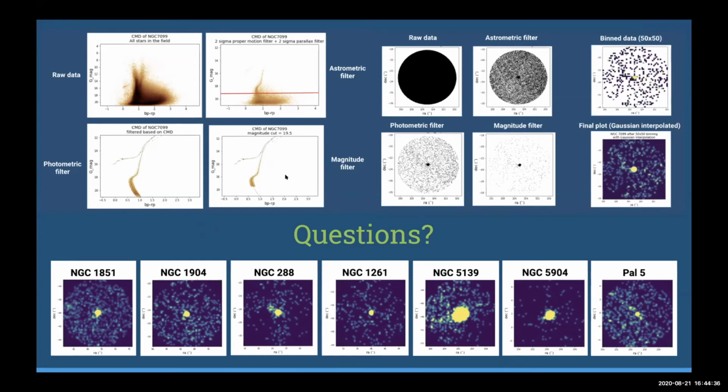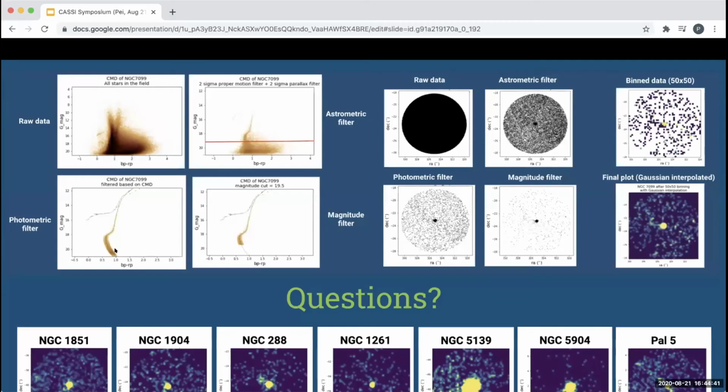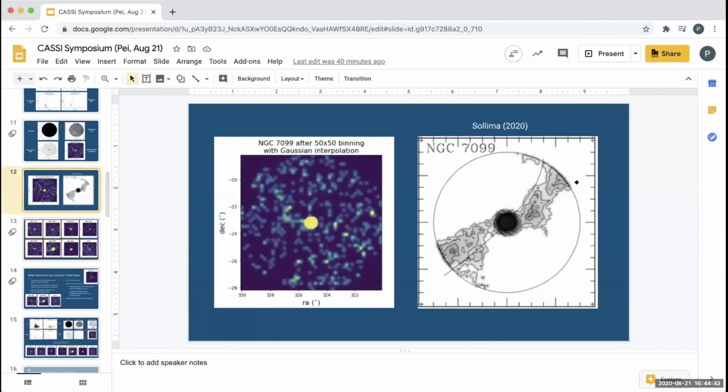That's a great question, and I wasn't able to really figure that out either. So let's take a look here. For example, in Solomon's paper, which was the paper I was comparing my result to, it also had a sharp turn right here. We can see that there are corresponding tidal tails on the other side, but there didn't seem to be a very sharp turn, at least not exactly what I observed.